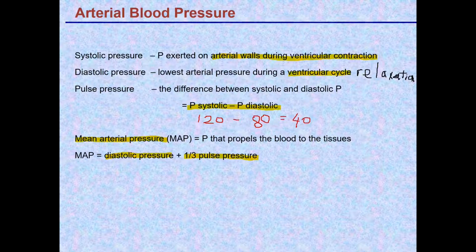And so mean arterial pressure is diastolic 80 plus 1/3 of the pulse pressure, so 40 divided by 3. I can tell you that 40 divided by 3 is 13.33, so a mean arterial pressure of about 93. Let's leave the 0.3 out of it.